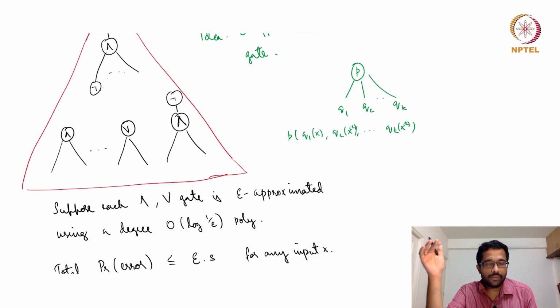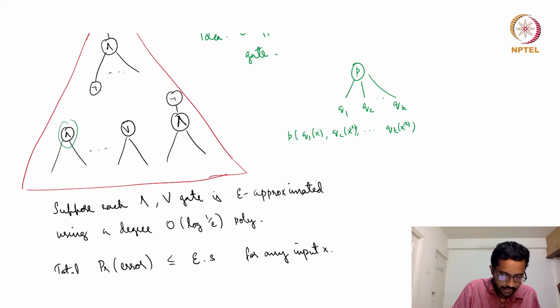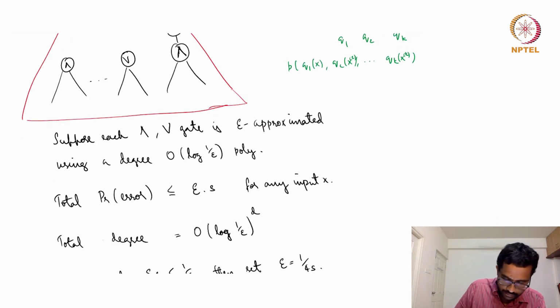So the total probability of error is at most epsilon times S. This is the union bound. An error could happen in this gate, another error could happen in this gate, but these errors could even coincide. The worst case is that each error happens in a separate outcome. So the total probability of error is upper bounded by epsilon times s.